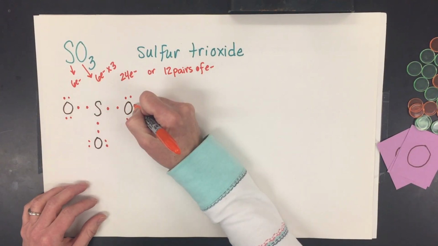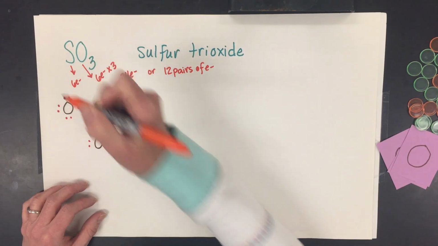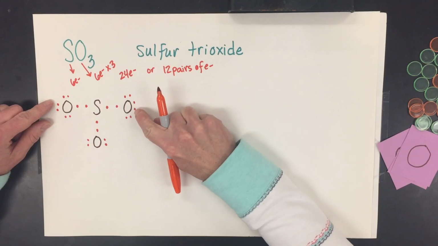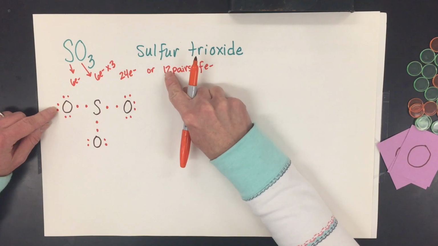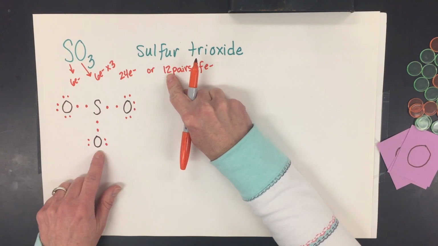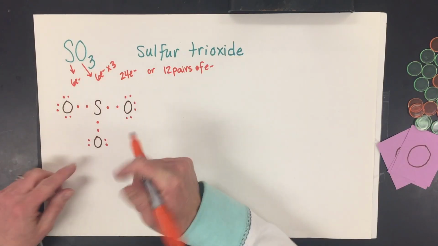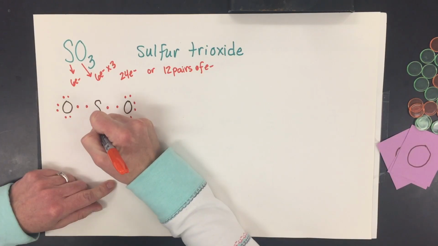So if I start by placing the electrons on these outer oxygens as lone pairs, that was my 10th and my 11th pair. So I only have 1 pair left. And if I place it here, this sulfur is only going to have 6 electrons around it. So this last pair also has to be placed in what's called a double bond.